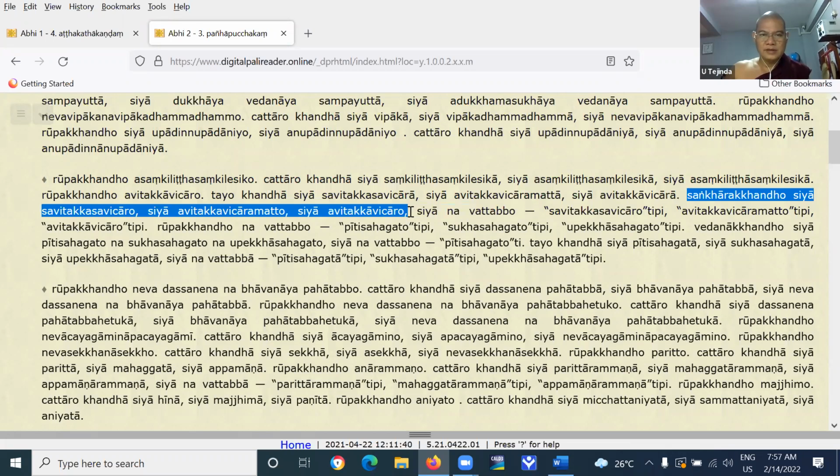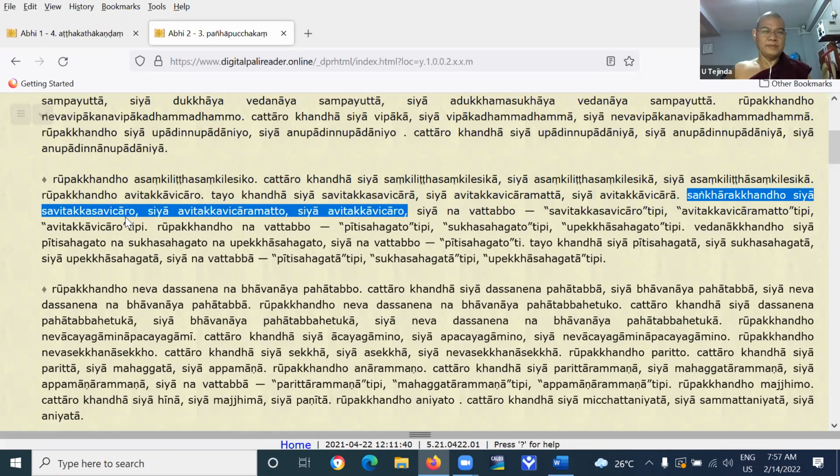Okay, here. Sankhara Khanda Siya, Savitaka Savicharo. What does it mean? Sankhara Khanda, Savitaka Savichara. How many? Together with, so it is 48, right?